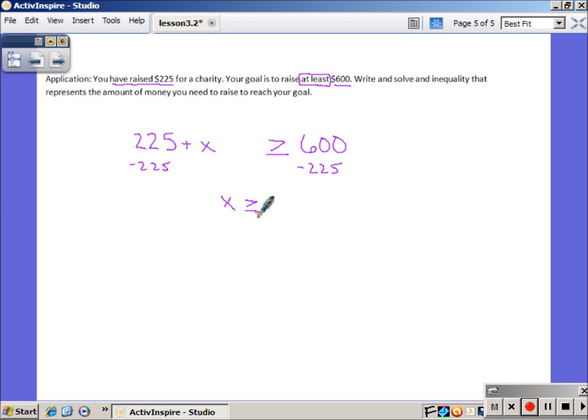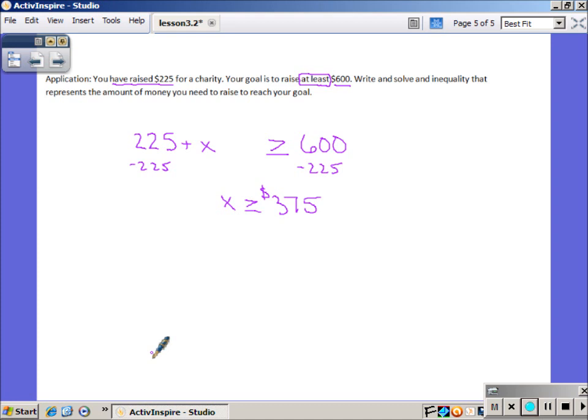Subtracting 225 from 600, we're left with 375. Make sure we label that dollars. So in order to raise that goal of 600, we need to raise at least 375 more dollars.